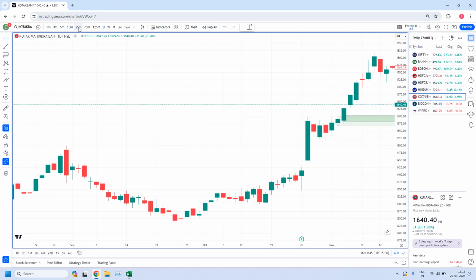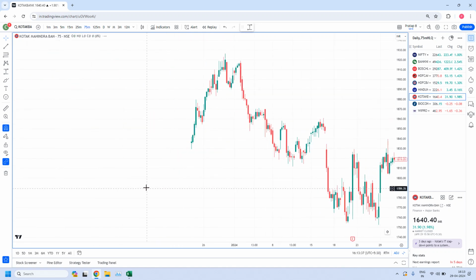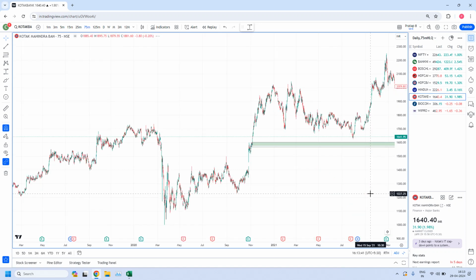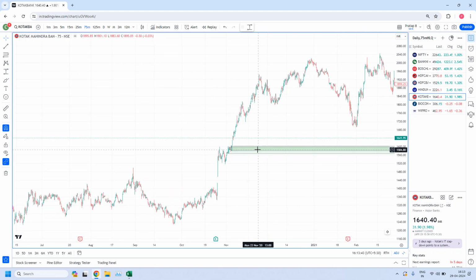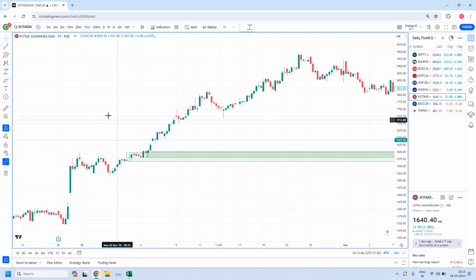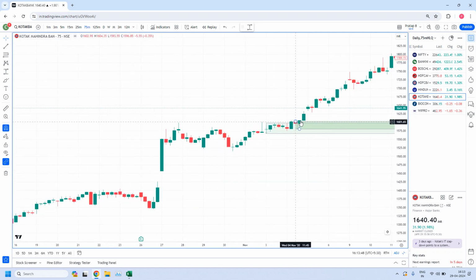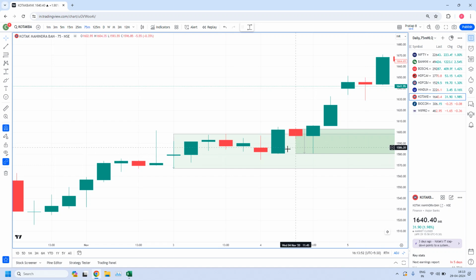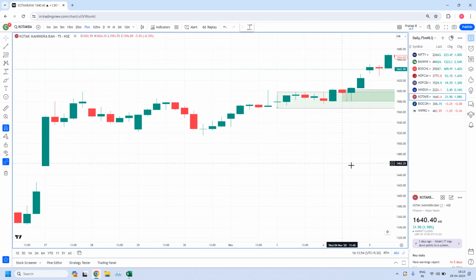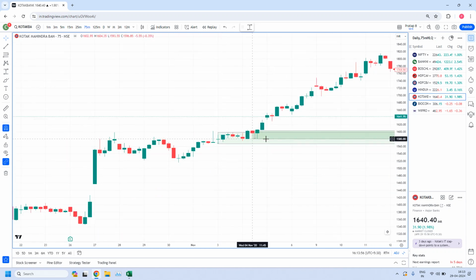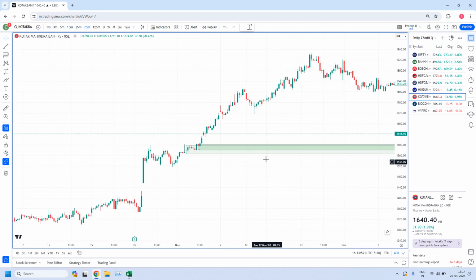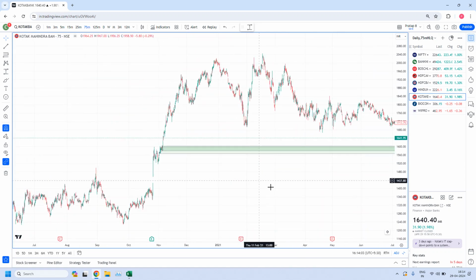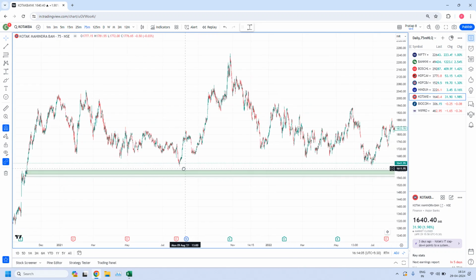If you go to the 75 minutes time frame, here we have drawn a 75 minute zone. We have rally, 2 base candles and a rally. But the problem is you can't fine tune this zone. 15 minutes data as well as 5 minutes data is not available. So that's why I'm just leaving this stock.